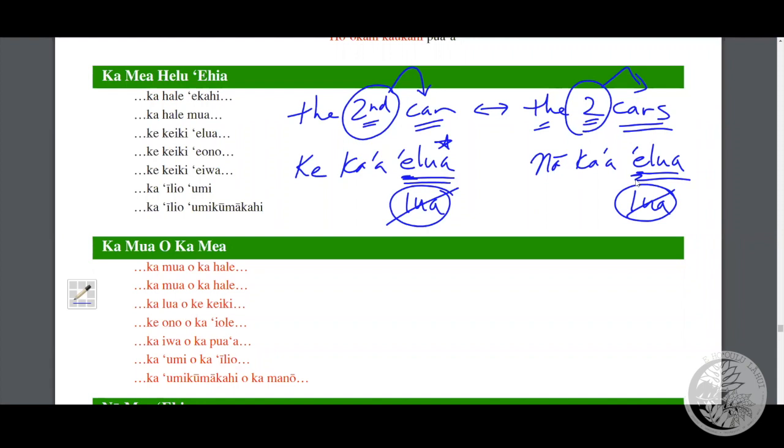Let's pay attention just to understand, this one is talking about one car, ke ka'a. This is talking about two cars, na ka'a. Translated, the car, that's number two, or the second car. The second one, the cars, where there are two of them. So that's the first thing to distinguish.